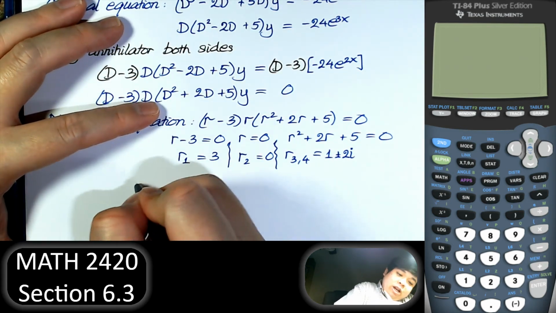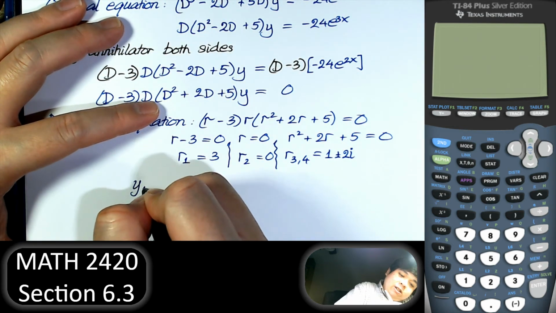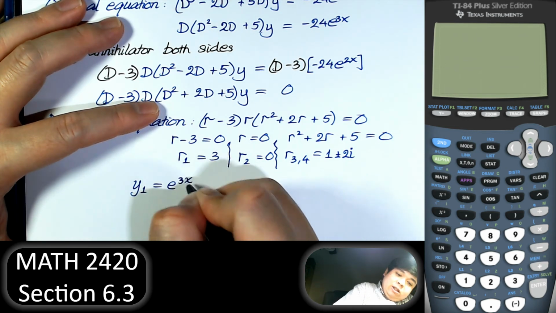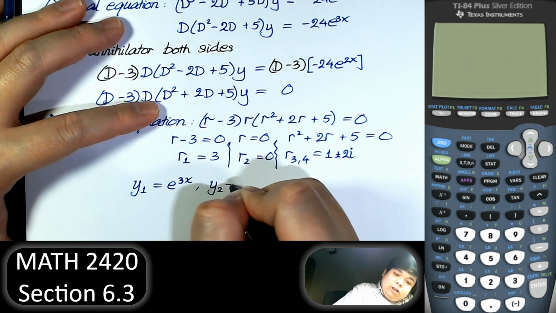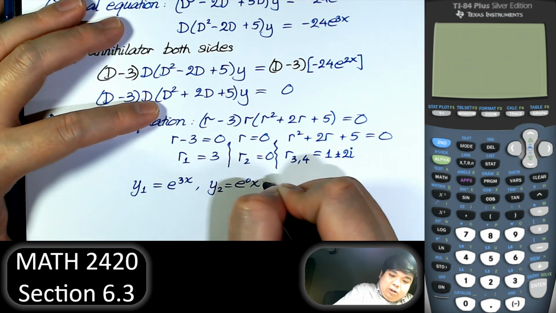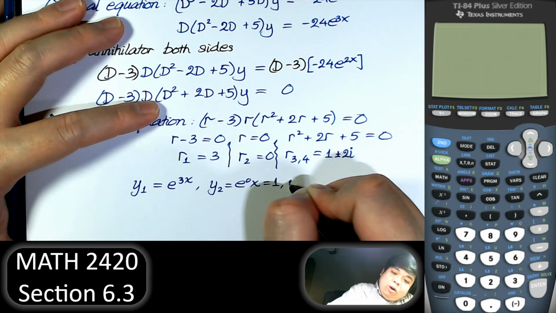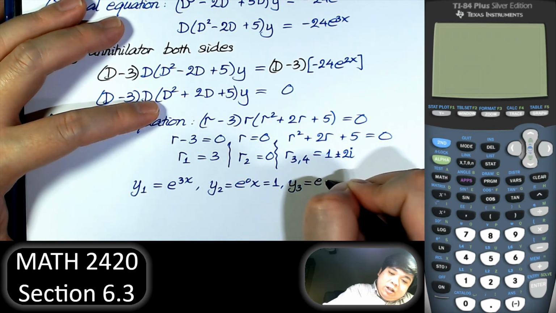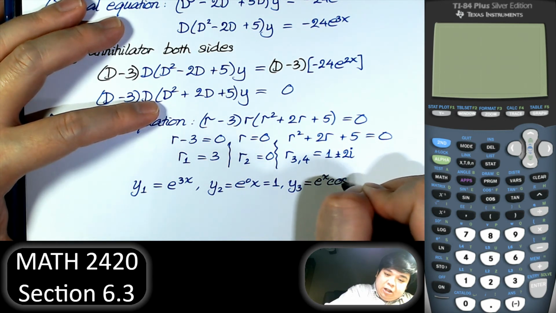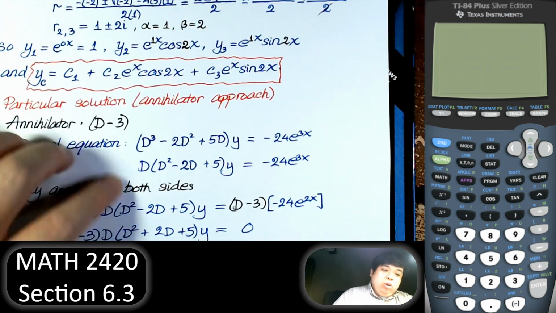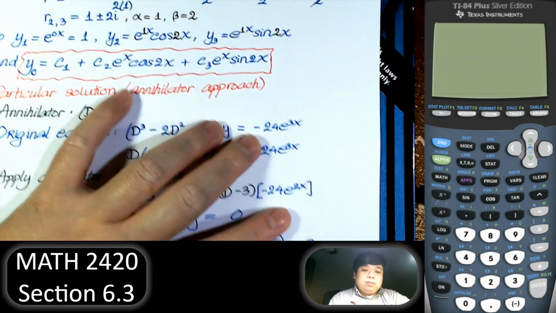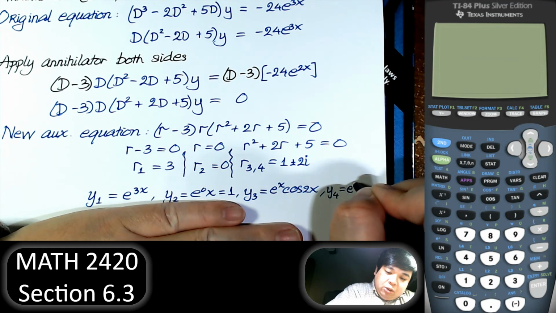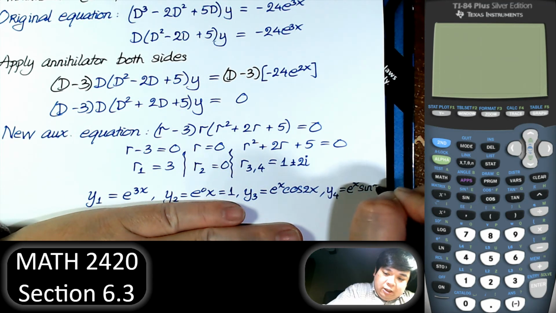So with that we have y1 equal to e to the 3x, y2 equal to e to the 0x, y3 equal to e to the negative x cosine 2x, and y4 equal to e to the negative x sine of 2x.